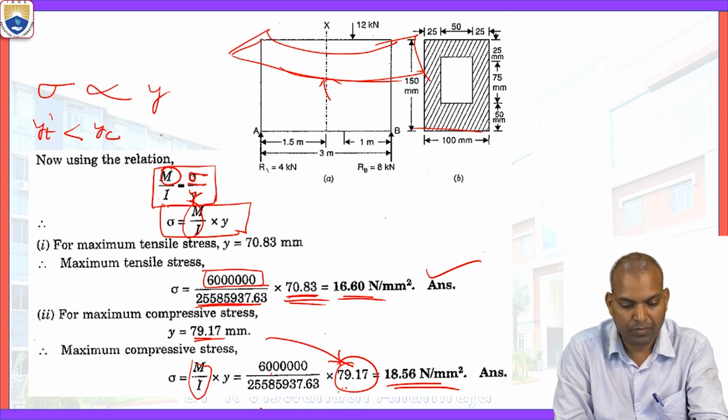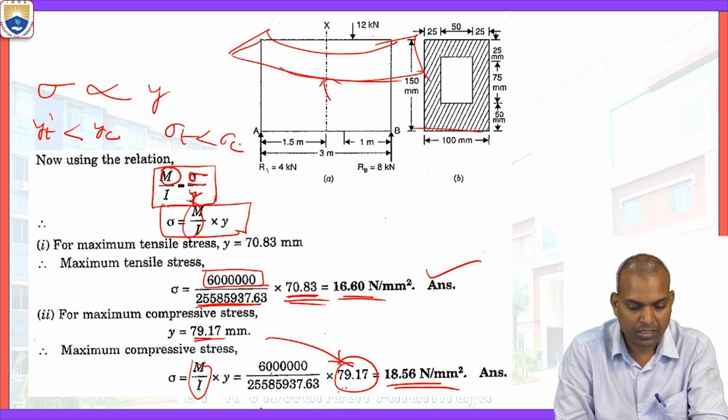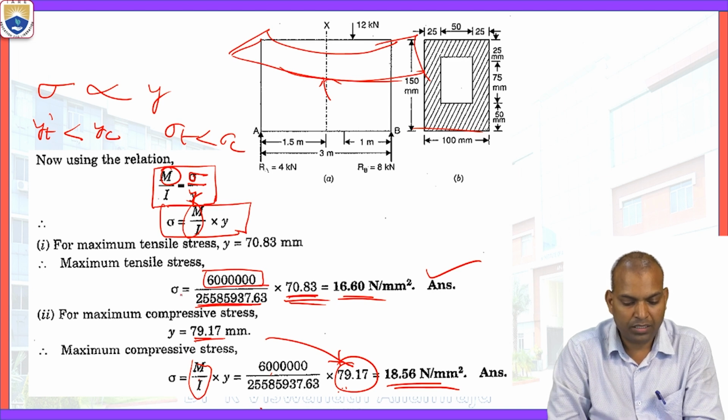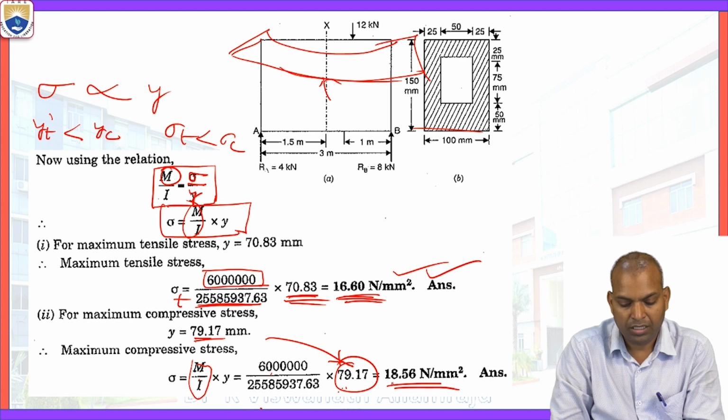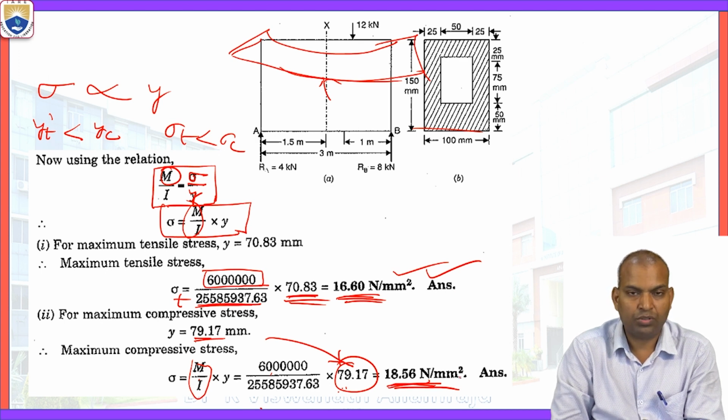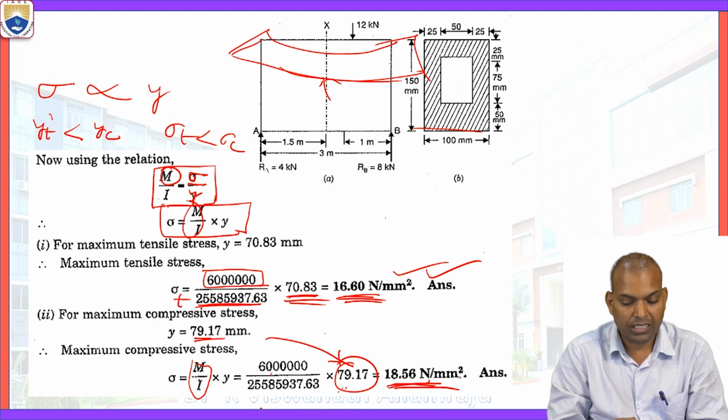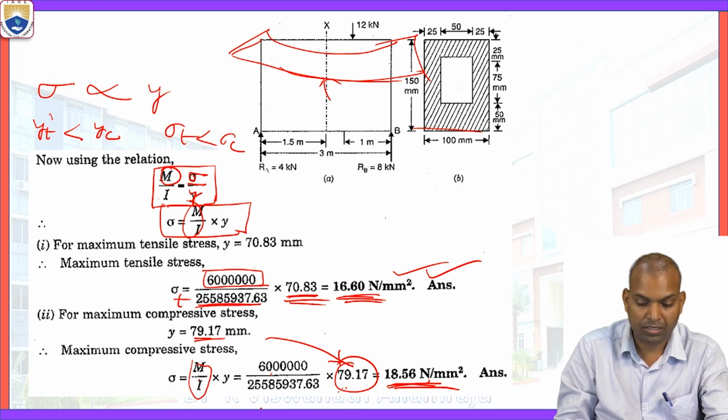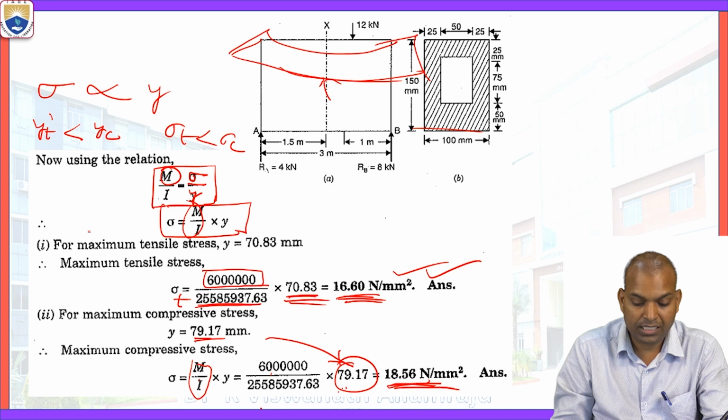That's why sigma T is smaller than sigma C. The sigma T value, that is 16.6 Newton per square millimeter, is a smaller value in comparison to the compressive stress.